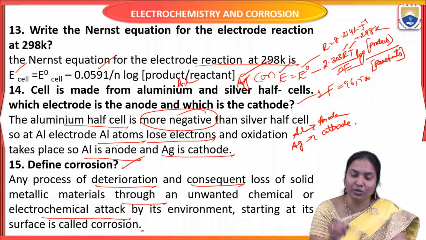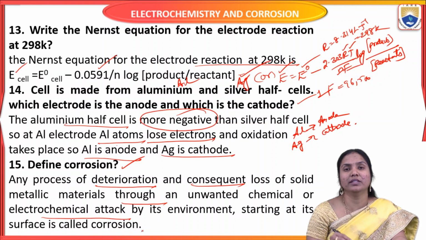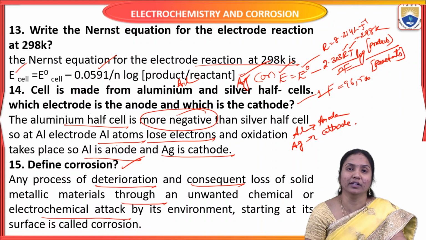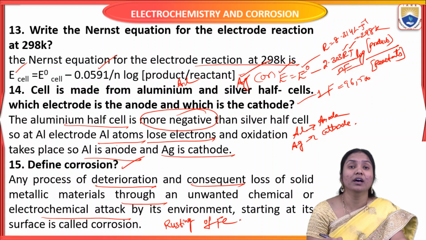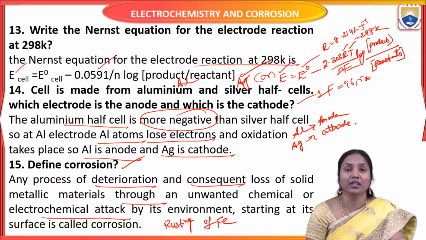Simply, corrosion is loss of metal by attack of the environment or atmospheric gases on the metal surface. The best example is rusting of iron.